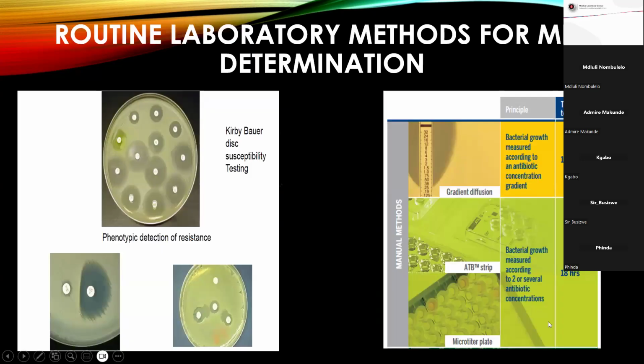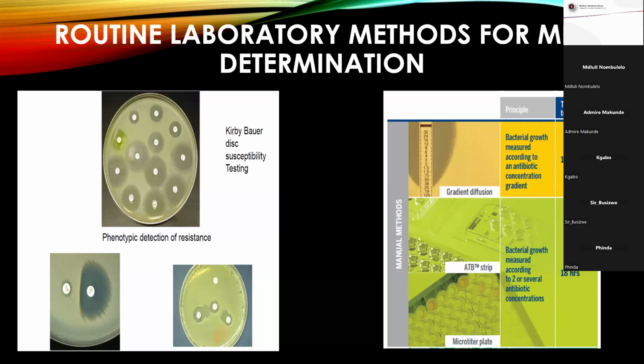The other methods which can be used, like I indicated, there's also the MIC. You can see the strip which is written gradient disc diffusion. It's the same as the disc method, but the strip has different concentrations, as indicated by those numbers. When you expose that strip to an organism, where there's a higher concentration, there's a bigger inhibition zone.